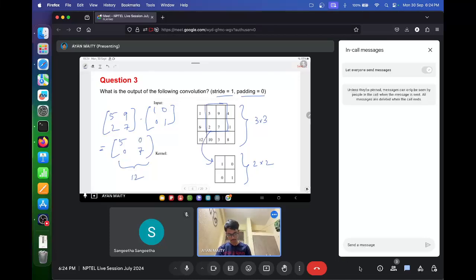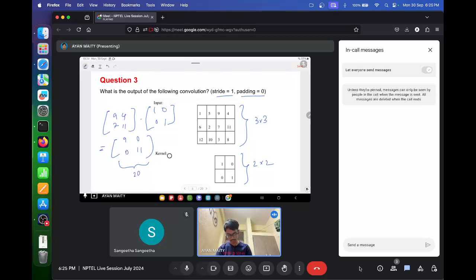So now we slide this window to the next 2 by 2 matrix 9 4 7 11, and the pointwise multiplication with the kernel matrix would give us 9 and 11, 0 0. So the sum for this matrix would be 20.